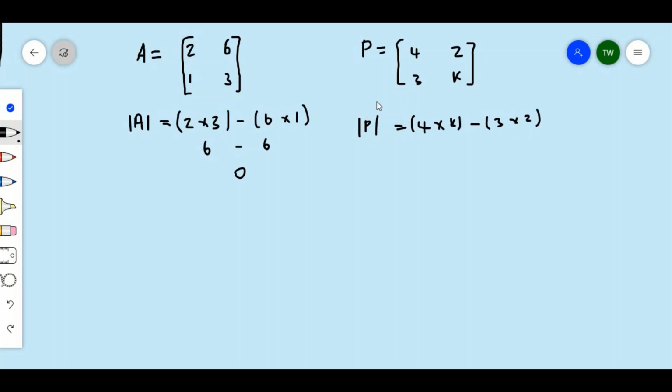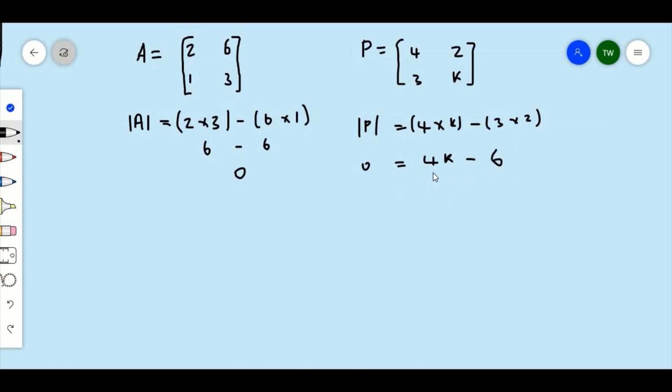Now, we know that P is a singular matrix, so therefore, the determinant must equal 0. So here where we have P determinant, we are going to replace it with 0. So therefore 0 is equal to 4 times K, which is just going to be 4K, minus 3 times 2, that's going to be 6.